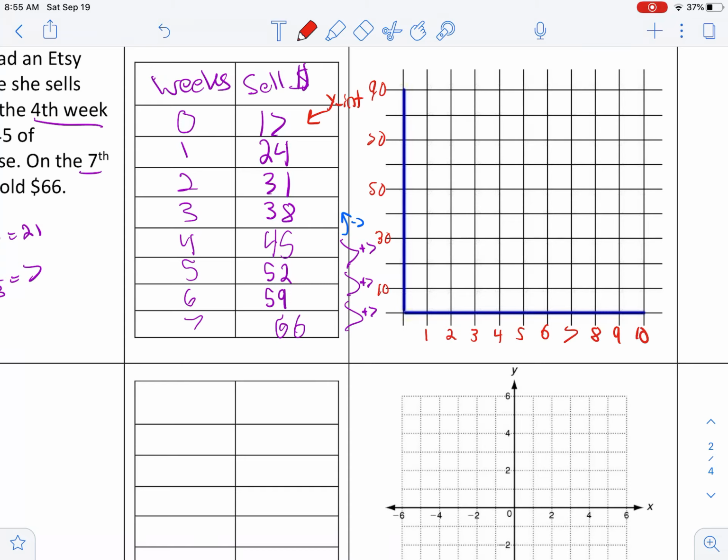Perfect. So at 0 weeks, I'm at 17, which is a little more than halfway to 20 from 10. At week 1, I'm at 24, which is a little less than halfway between 20 and 30. At week 2, I'm at 31, which is obviously a hair more than 30. 38 is up next.